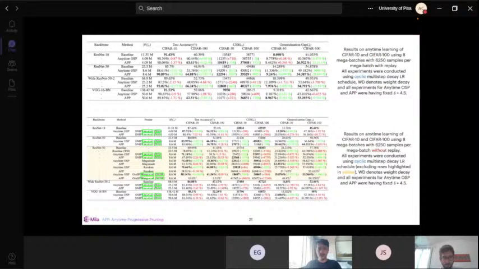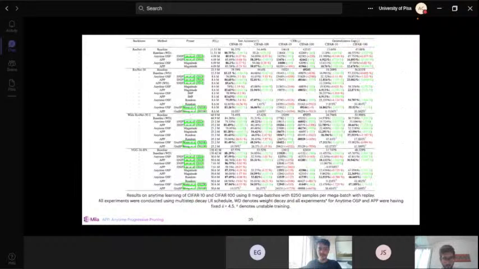Okay. One more thing before I move to the next slide is that in this case, as I said, we have 8 megabatches for CIFAR 10 and CIFAR 100, where per megabatch the total number of samples is 6,250. All of the results you are seeing here include full replay.